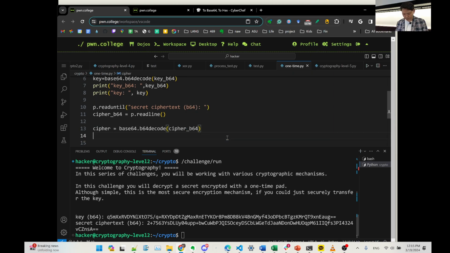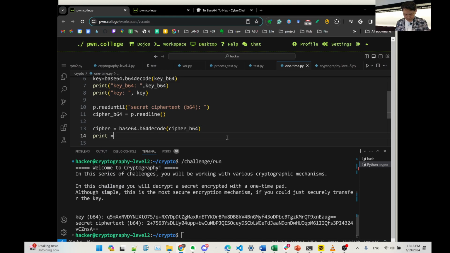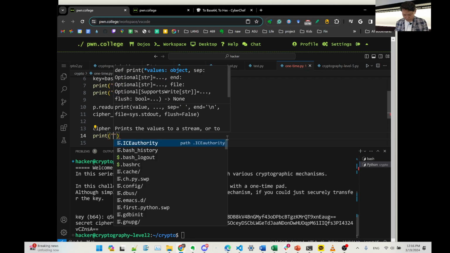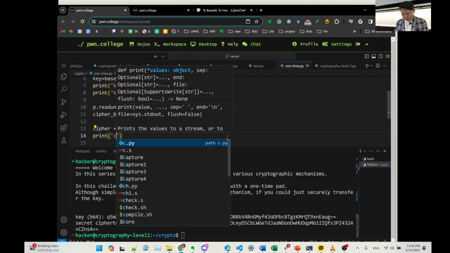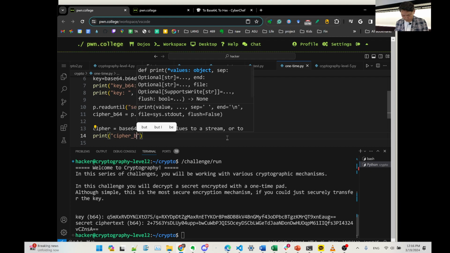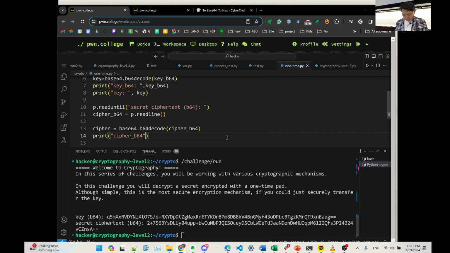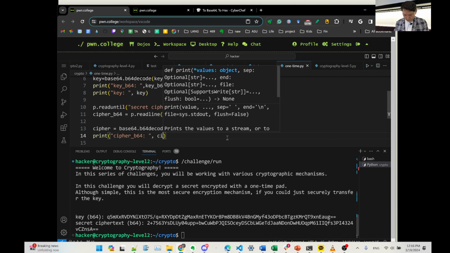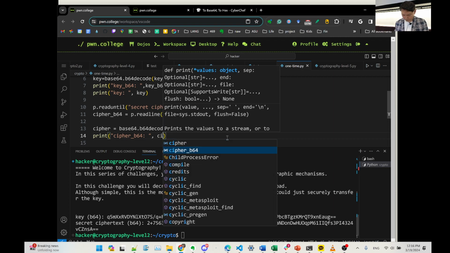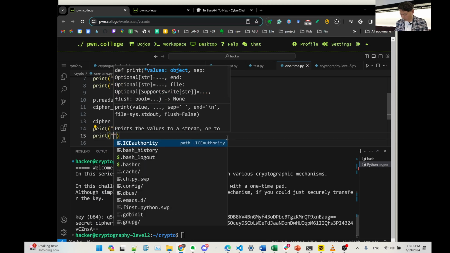Okay, and also print out the cipher base64 to the text. And let's print. That's the cipher.